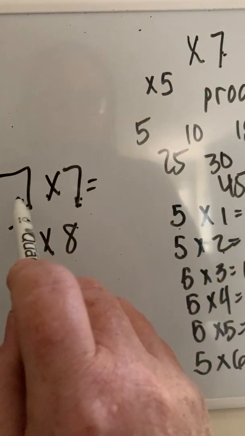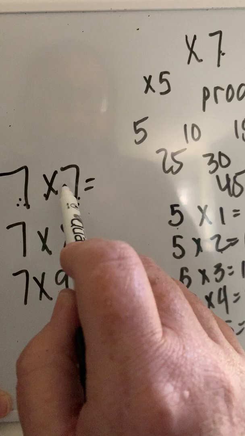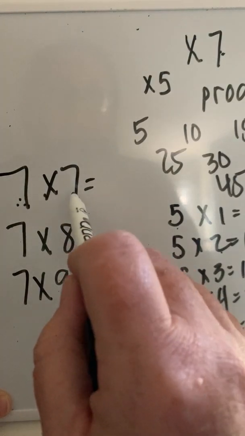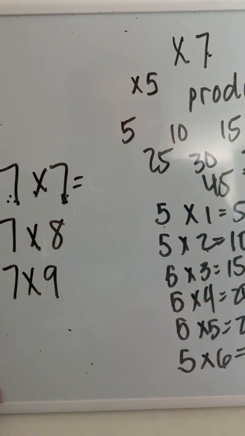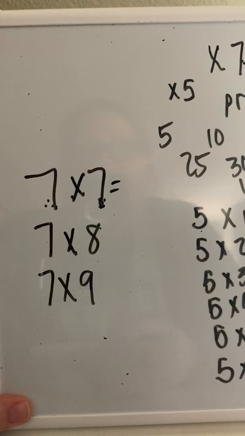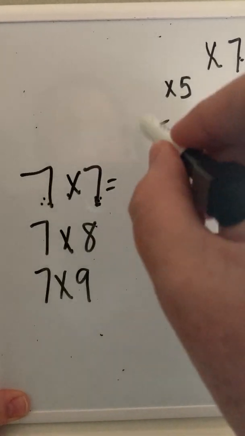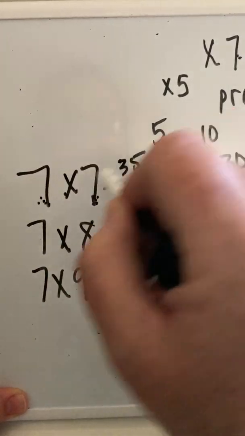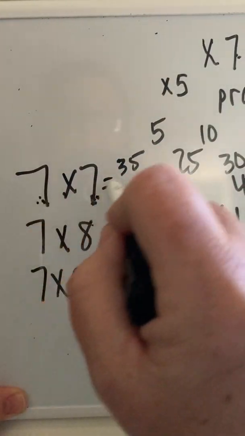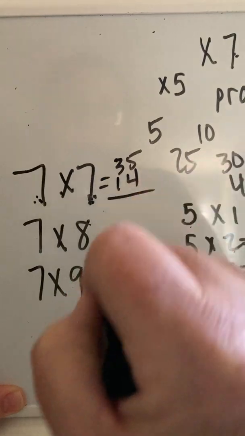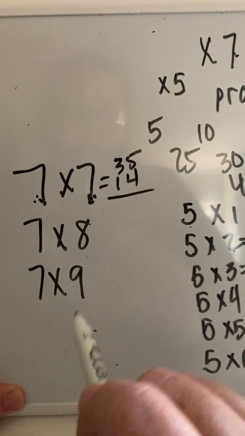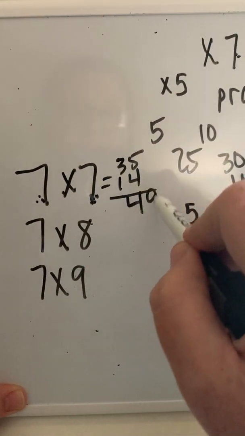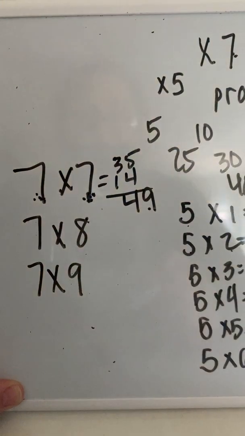And what would 2 times 7 be? 14. So you have a 5 times 7, 35, and a 2 times 7. Do you see it? 49. 7 times 7 is 49.